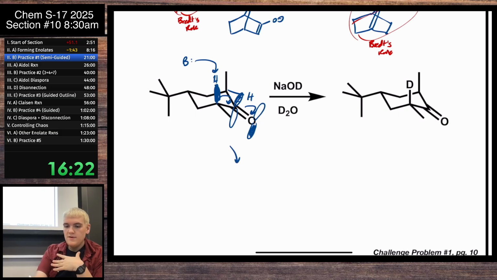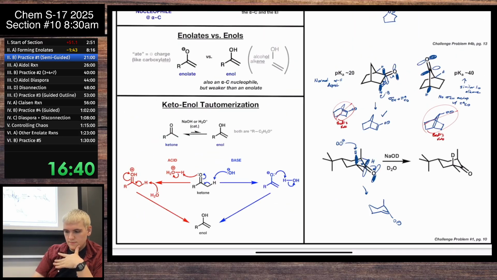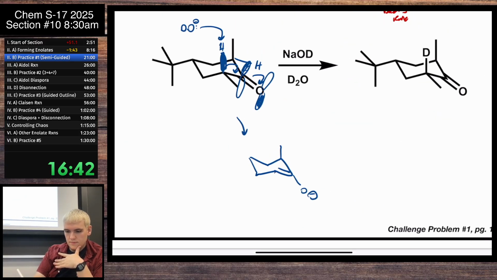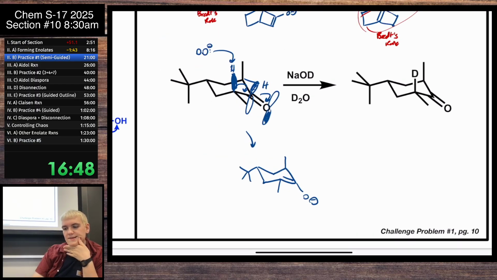So now when we do this, our base is going to be OD minus, like OH minus, and what we get is our chair, where now we have formed this enolate. And here, what we see in its place is a deuterium has been added.